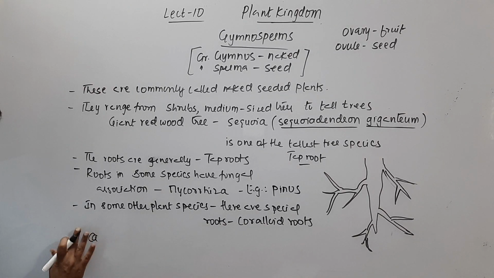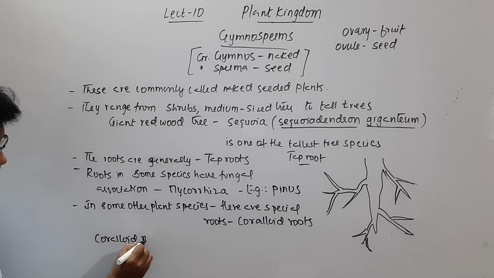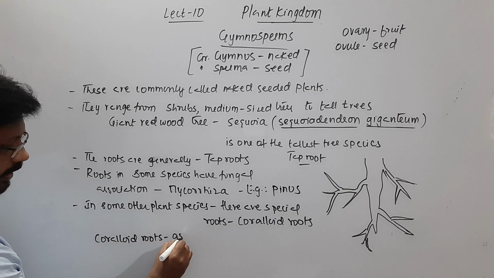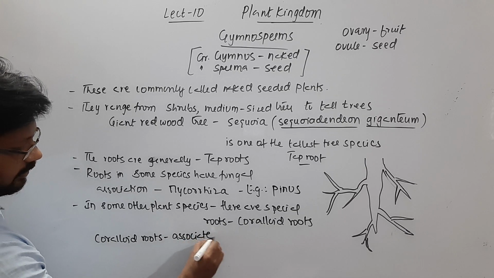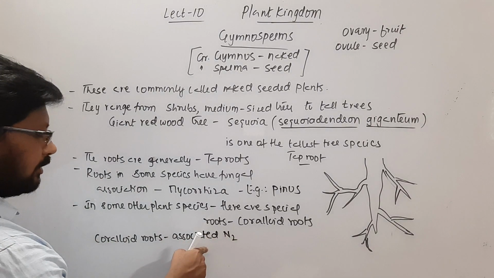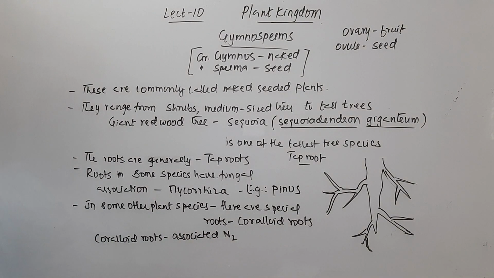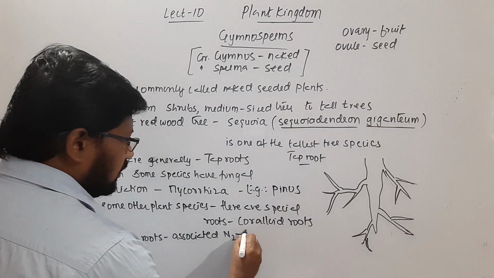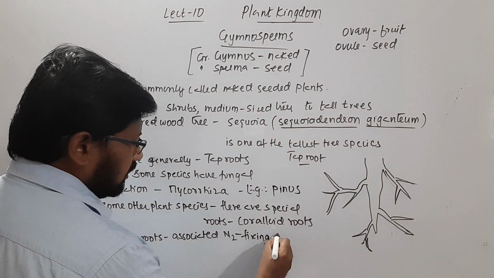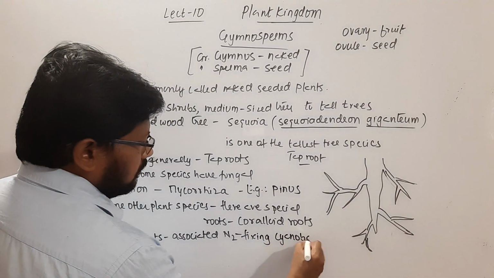So the nitrogen fixing cyanobacteria will be present in the coralloid roots.